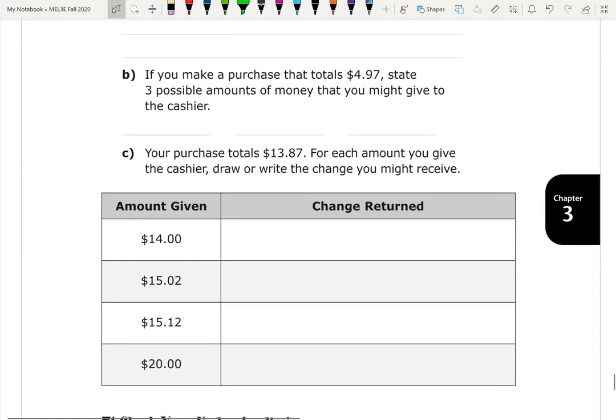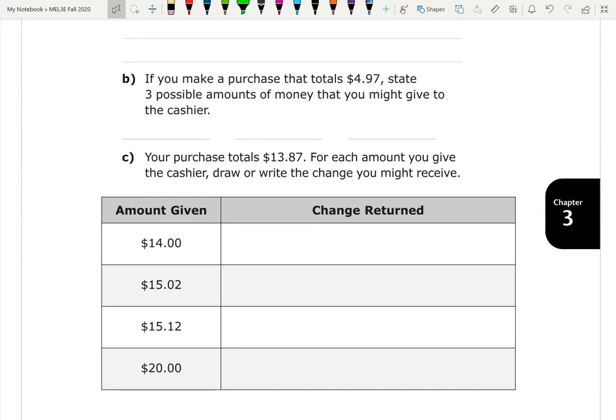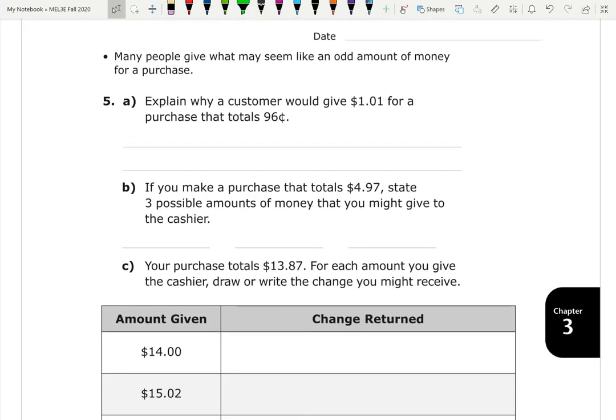Okay. And then the last page: many people give what seems to be an odd amount of money for a purchase. Explain why a customer would give $1.01 for a purchase that totals 96 cents. Well, remember, counting up from 96 to, let's say, $1, that's 4 cents.